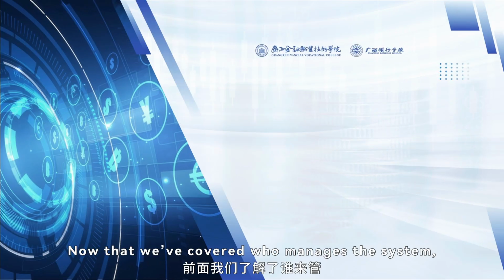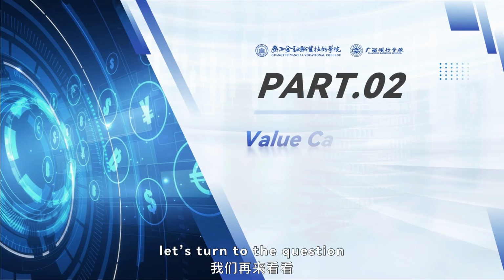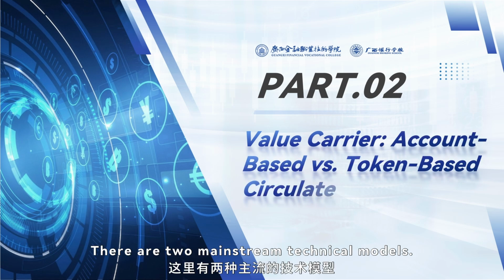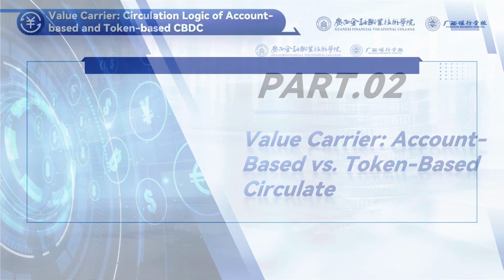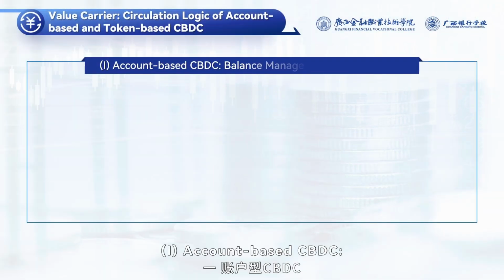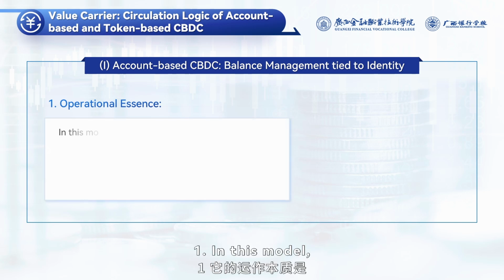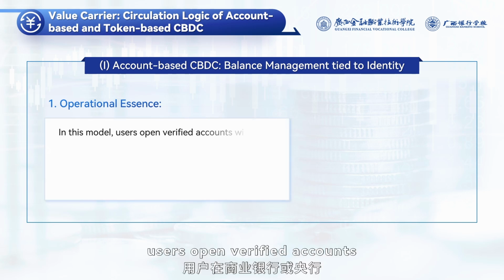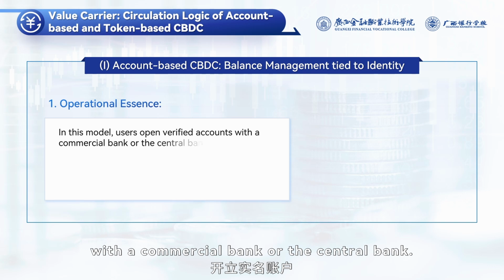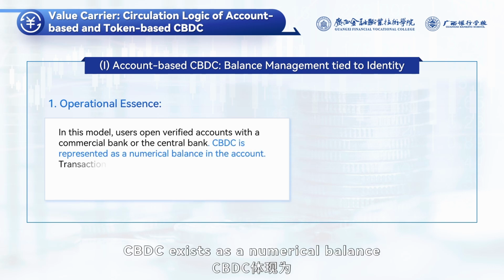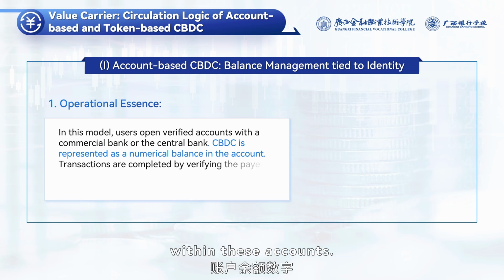Now that we've covered who manages the system, let's turn to the question of what form this money actually takes. There are two mainstream technical models. 1. Account-based CBDC, balance management tied to identity. In this model, users open verified accounts with a commercial bank or the central bank. CBDC exists as a numerical balance within these accounts.